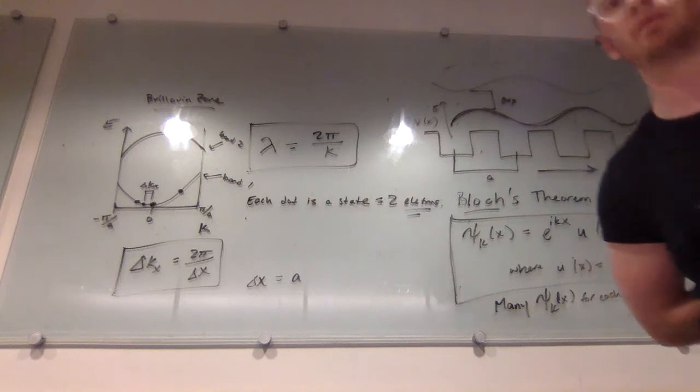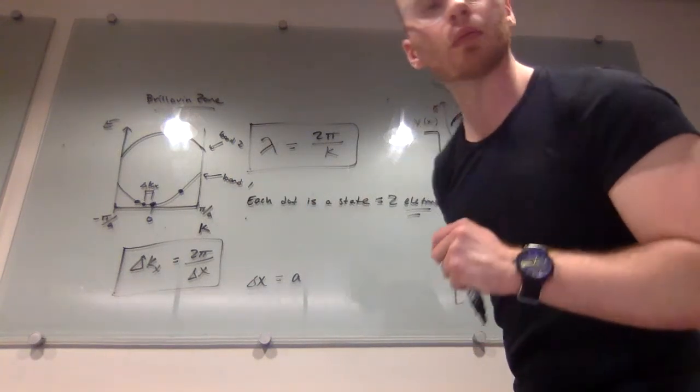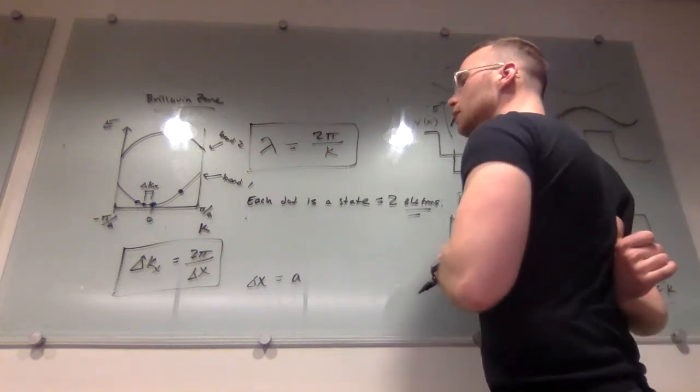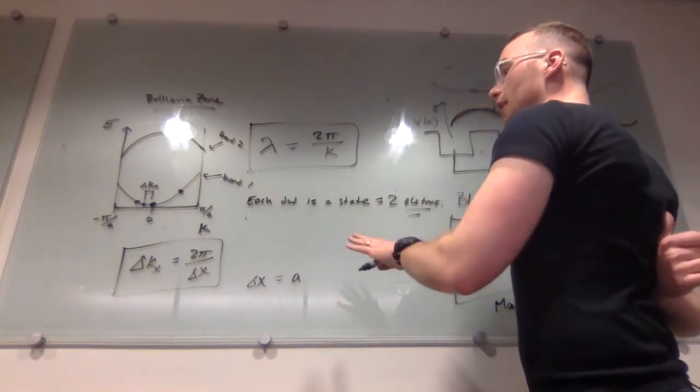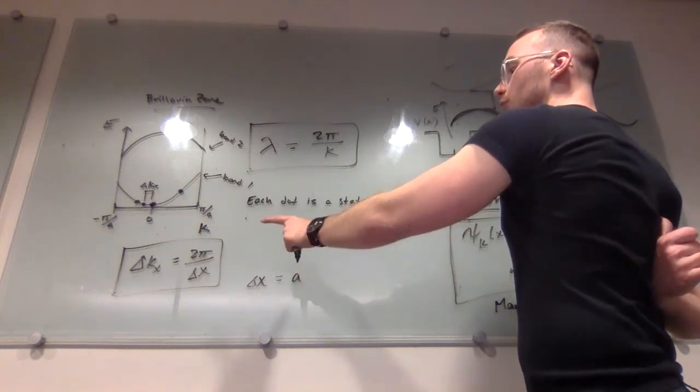So I'm a little suspicious of that. I believe that delta x is the total range we could have.